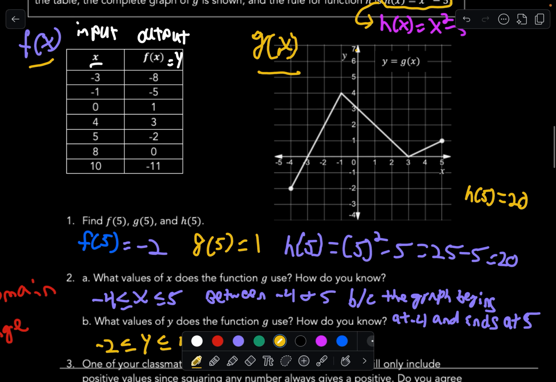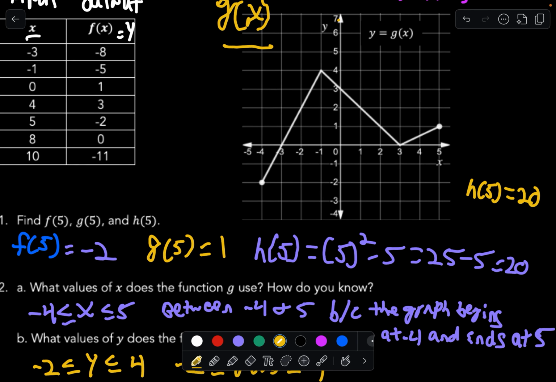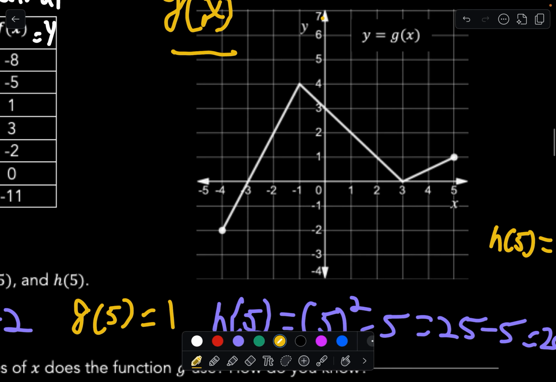Part 2, or question 2a, is what values of x does the function g, looking at the graph, use? Well, you have to just look and see where the graph begins along the x-axis. We see it begins right here at -4. And then we keep going, and we see it ends right here at 5.